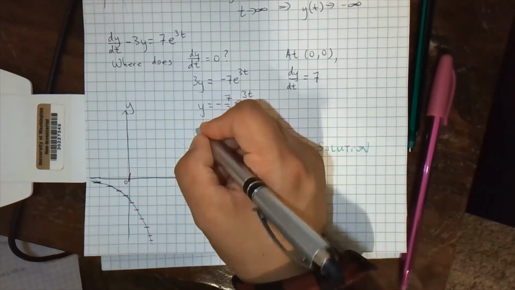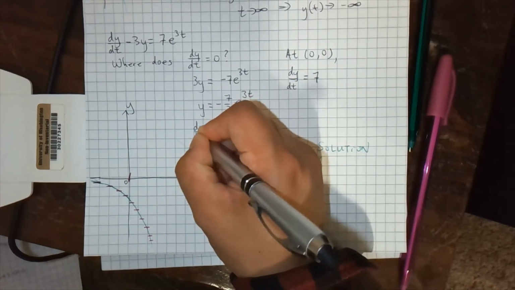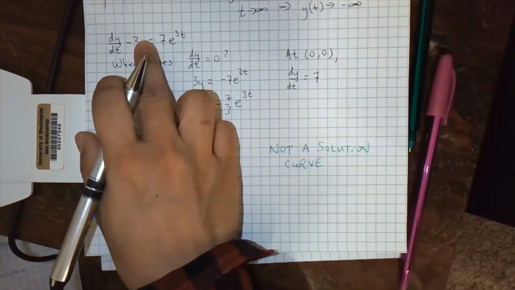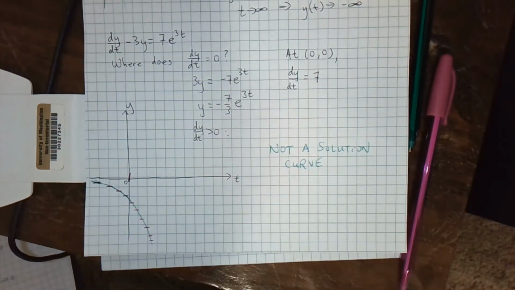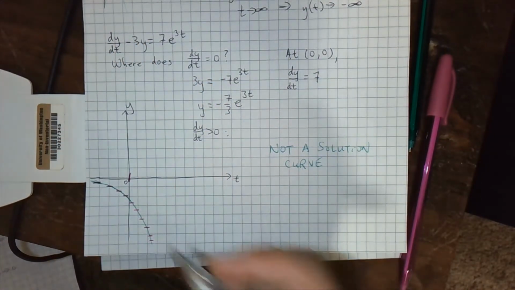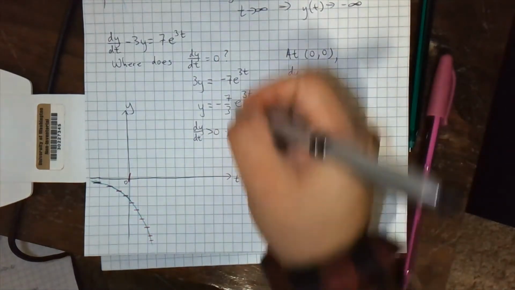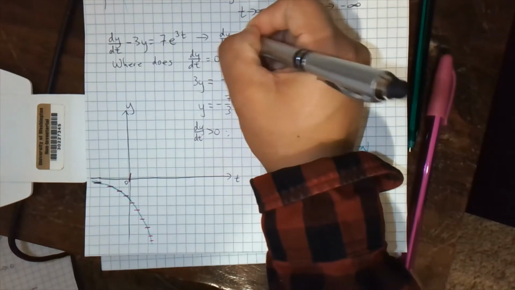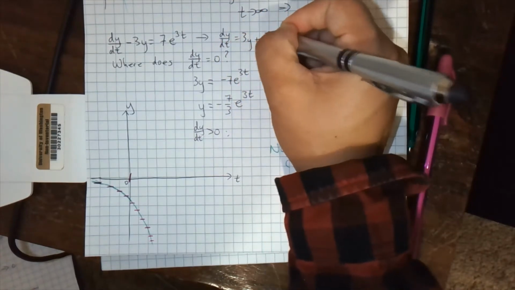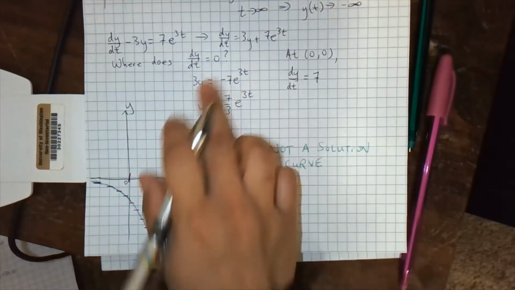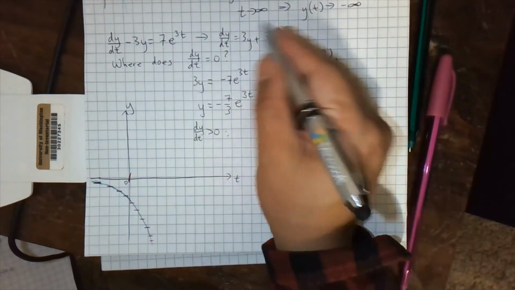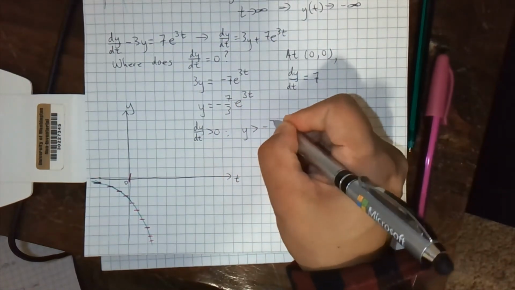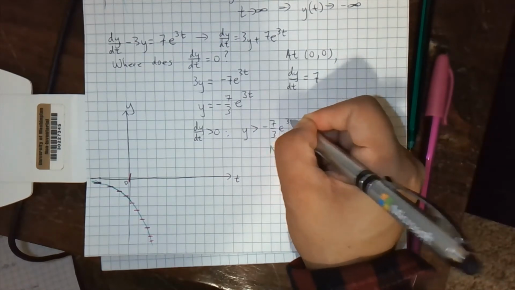What other things can we do? Well, we can ask where is dy by dt greater than 0? And that's actually the same equation, except we solve it. Let's actually write this as dy by dt equals 3y plus 7e to the 3t to make it less confusing. Okay, so this is greater than 0, which means the right side is greater than 0, which means y is going to be greater than negative 7/3 e to the 3t.